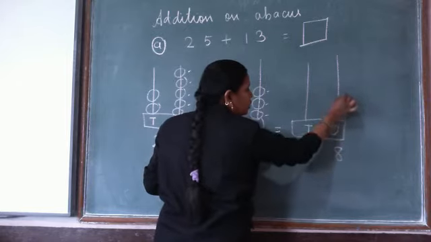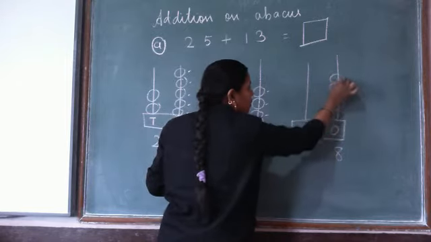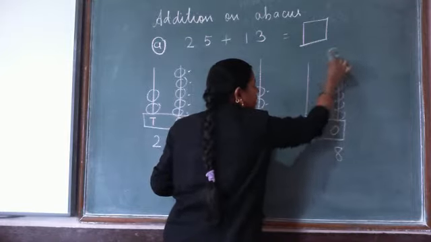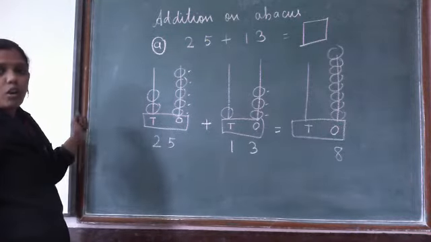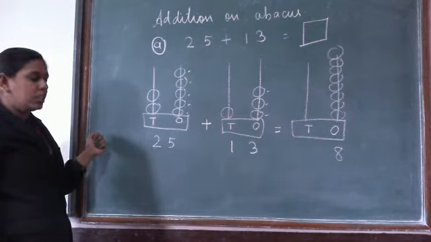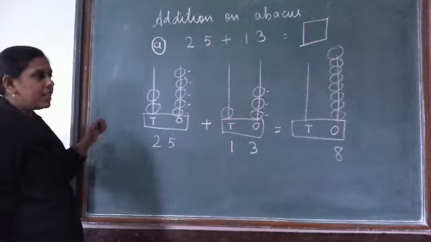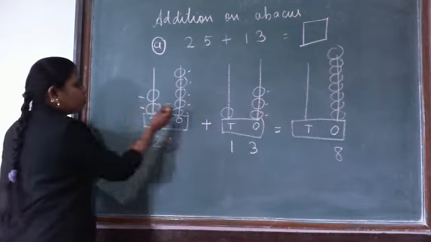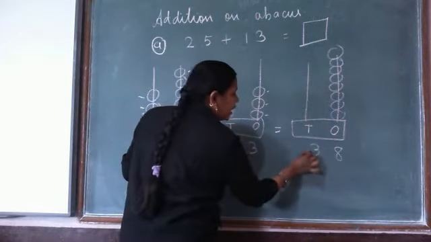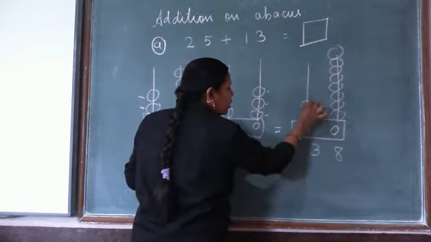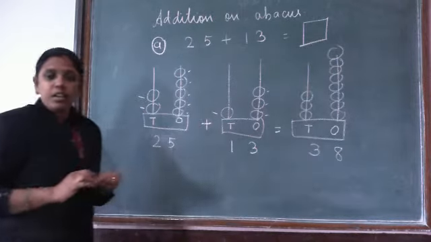Understood? Now count all the beads at tens place: 1, 2 and 3. Only 3. So write here 3 and make 3 beads. Understood?